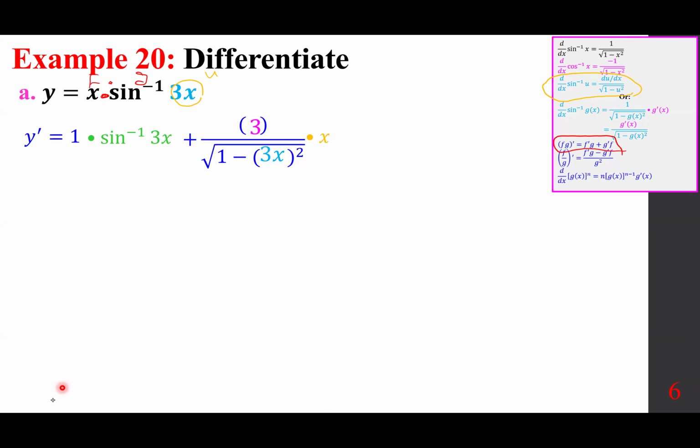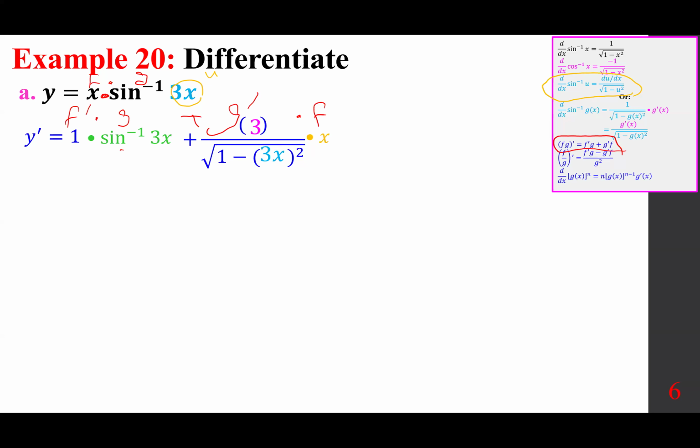In other words, let me write f prime g plus g prime f.